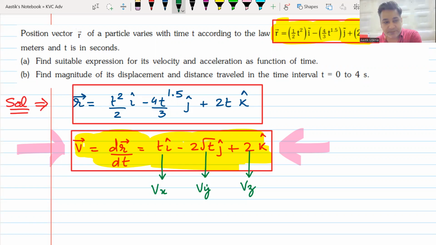Now, which component of velocity is uniform and which is non-uniform? Tell me quickly.